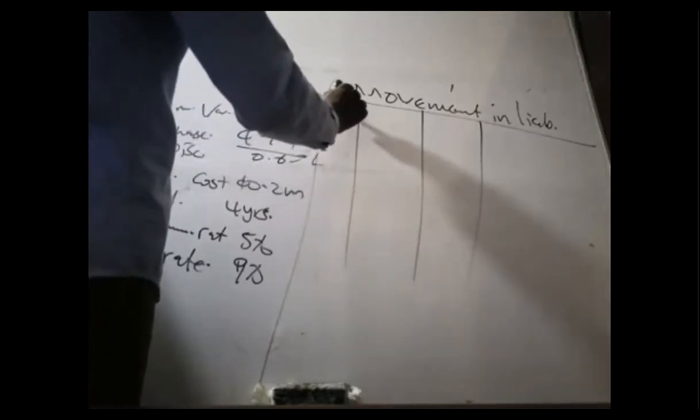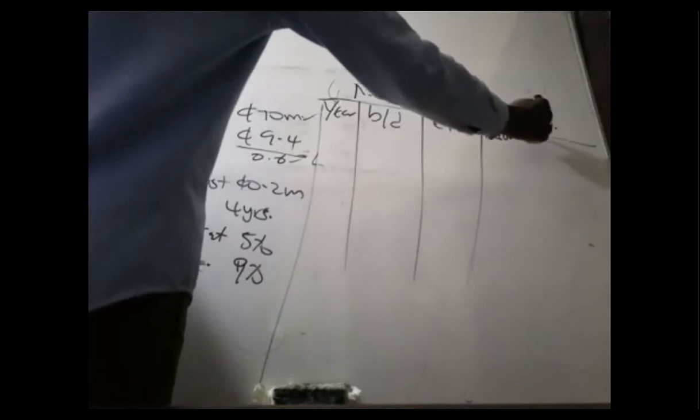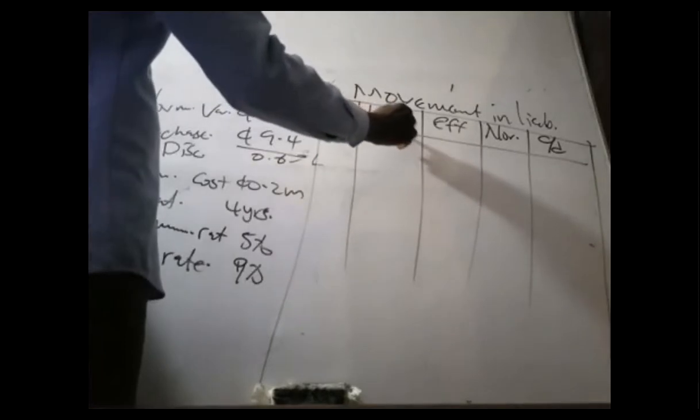You record the year, the balance brought down, the effective rate, the nominal rate, and the closing balance. That's the liability at the end. Let's work in thousands.